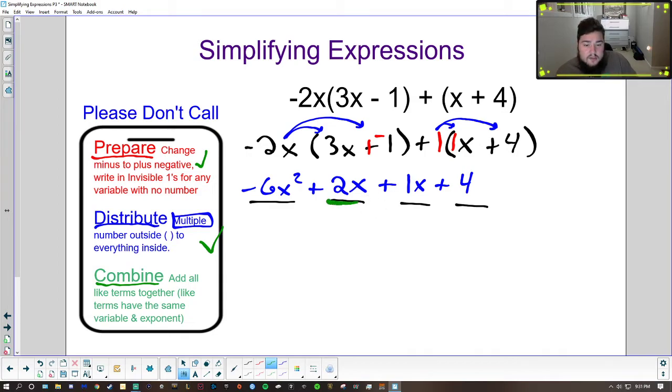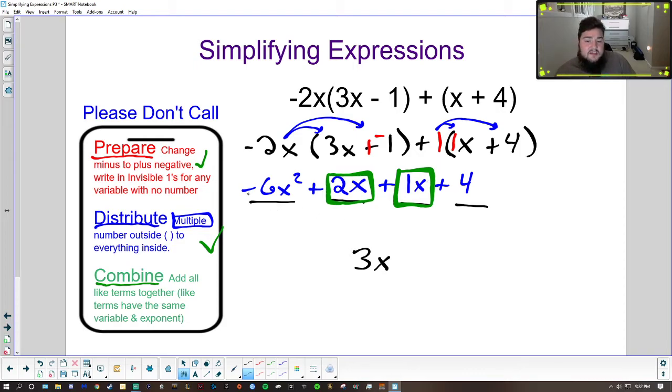And the only two are 2x and 1x. Because both of these terms have the exact same variable, we can combine them. So we're going to add them together. 2x plus 1x is 3x. So I've combined my 2x with my 1x.